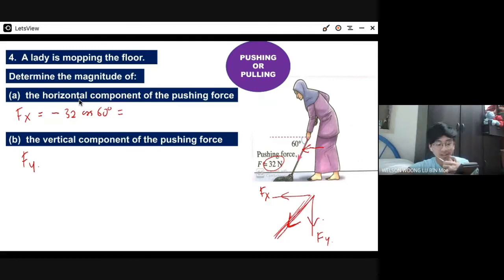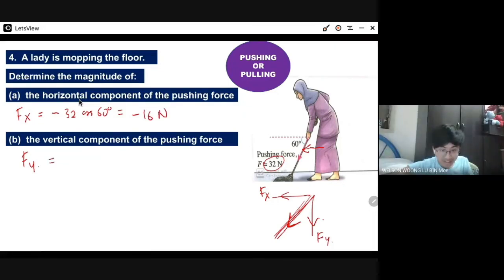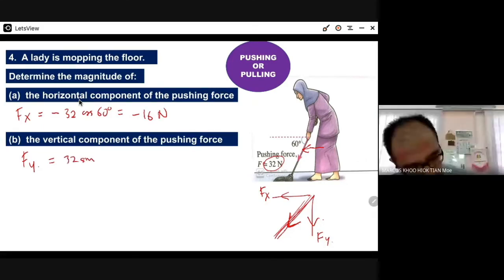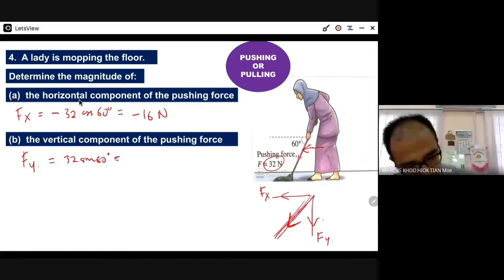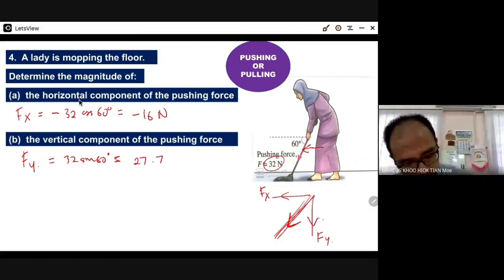Negative 16 Newton. Okay, very good. Wilson? Fy equal to 32 sin 60. Value? 27.71 Newton. Okay, thanks.